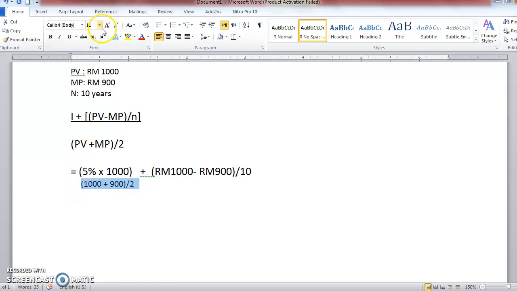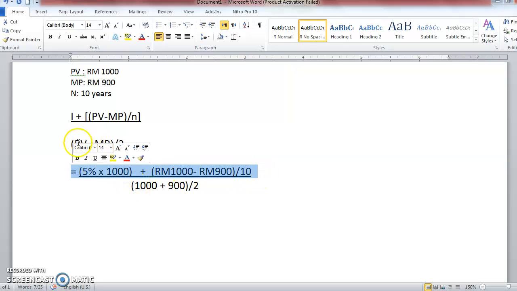Saya besarkan sikit. I'll underline this one to show that it's dividing. So, the whole yang ke atas ni, kita kena bahagi dengan this one, which is inilah, 1000 tambah 900 bahagi 2. So, berapa? 1900 divide by 2. So, you will get 950.